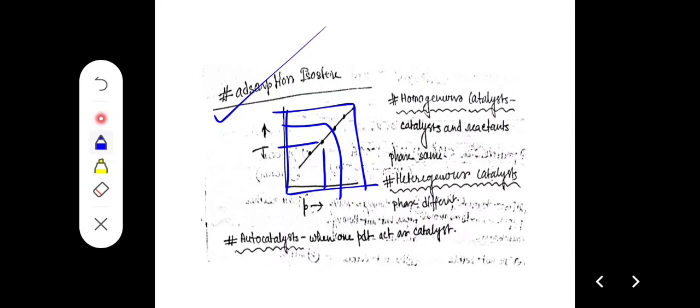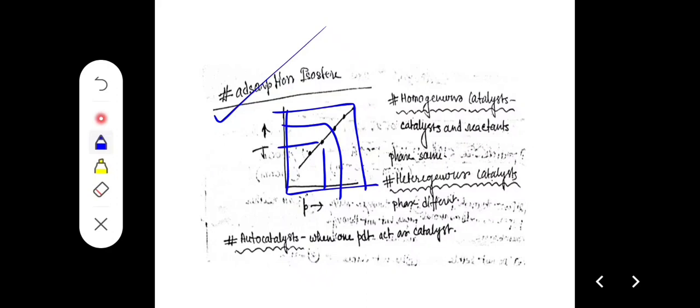But heterogeneous catalysis has a fixed surface area, and hydrogen is most probably adsorbed on nickel or platinum surfaces, which are heterogeneous catalysts. So for studying heterogeneous catalysts, we have to know adsorption phenomena. Adsorption and catalysis are interrelated properties.